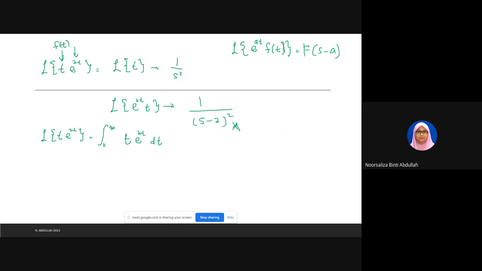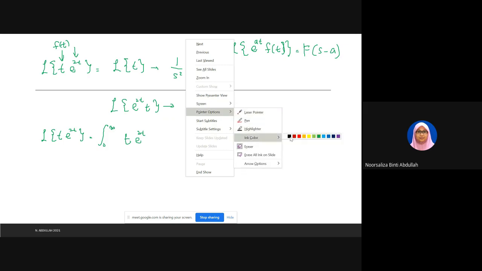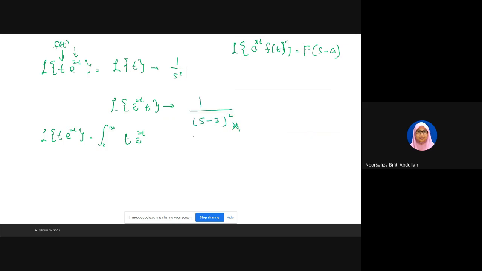Okay. Ini salah ni. Dia ada lagi S kan? Okay. Darab dengan eksponen negatif S T dt. Okay T. Okay. And then ada eksponen negatif S T. Okay.